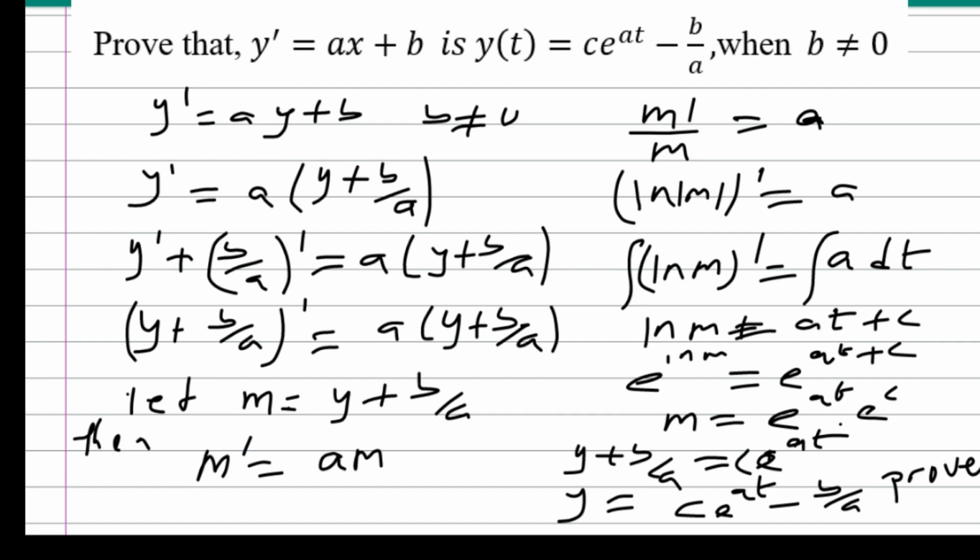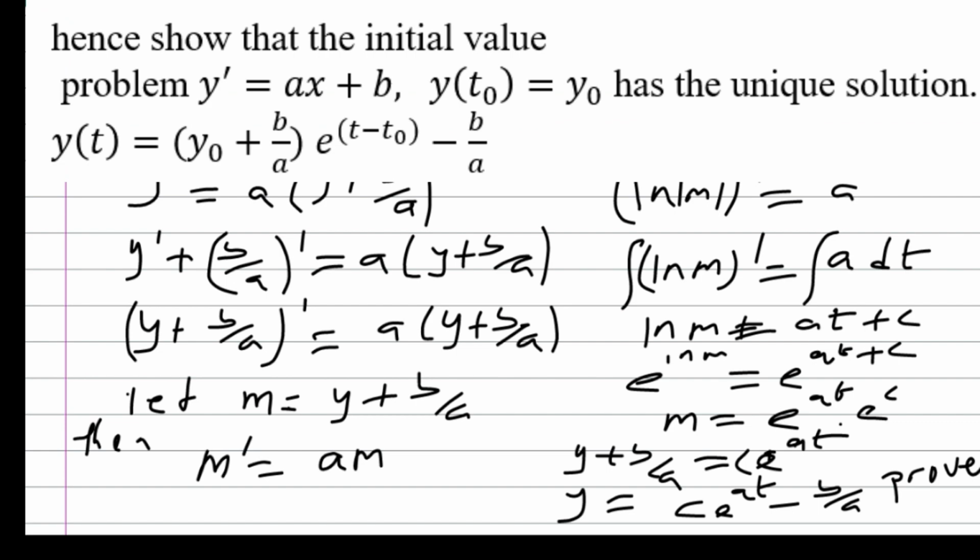Now it goes further to say that we should find the initial value problem. We should find the initial value problem, that is, when t is equal to t naught, y is equal to y naught. So we have to apply that.